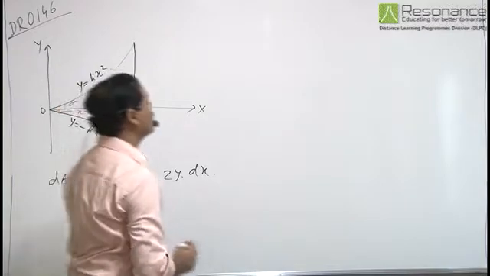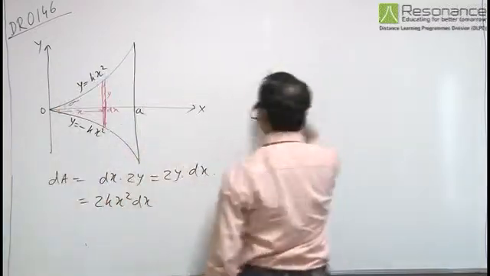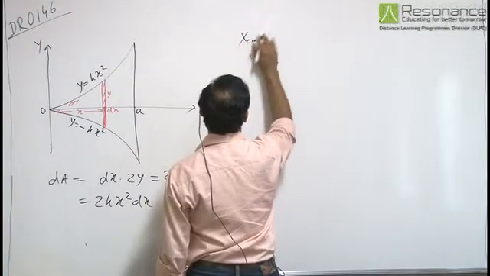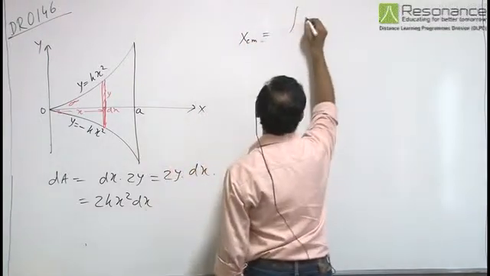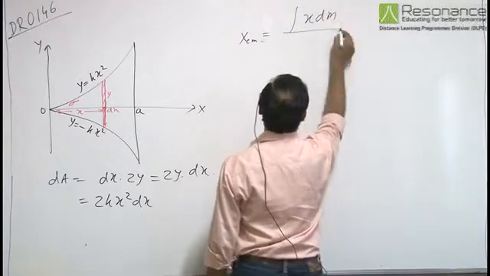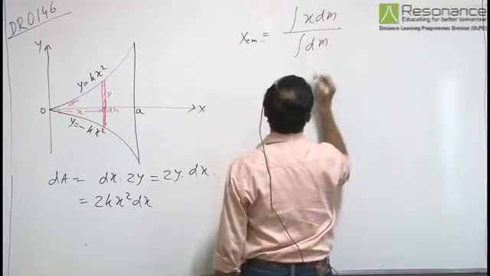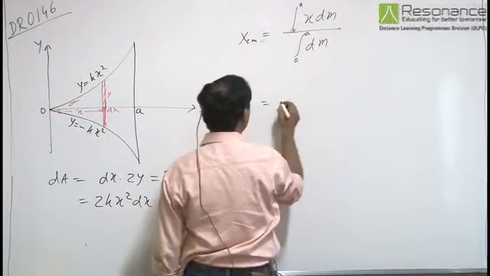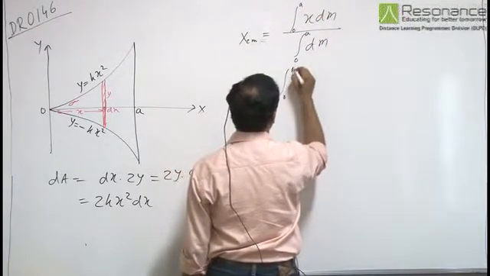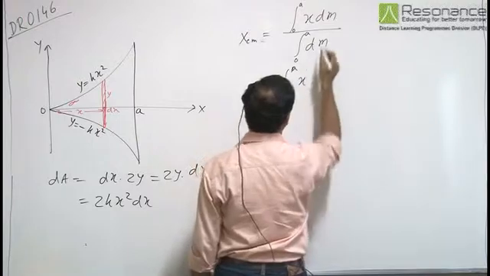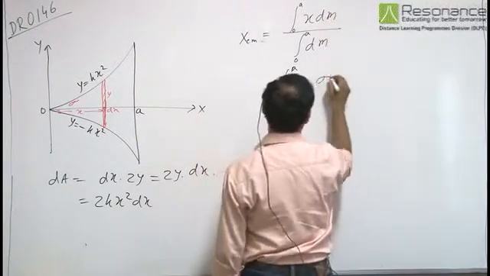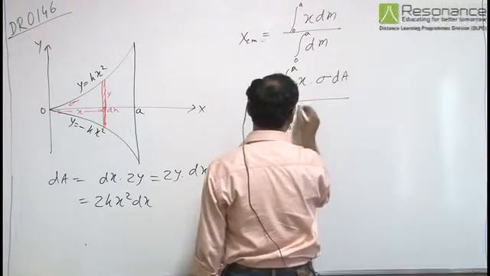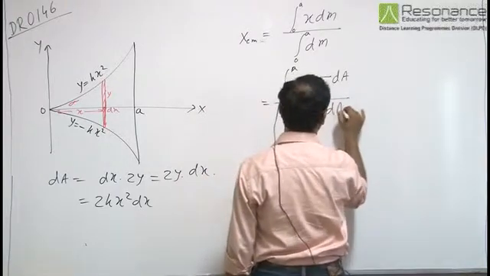So to find the center of mass of this mass distribution, we have xcm equal to integration x dm by integration dm, where x is varying from 0 to a. Here x dm can be written as mass per unit area into area, that is sigma dA.